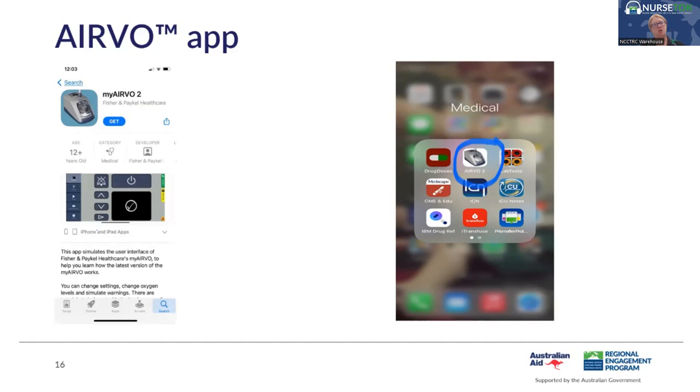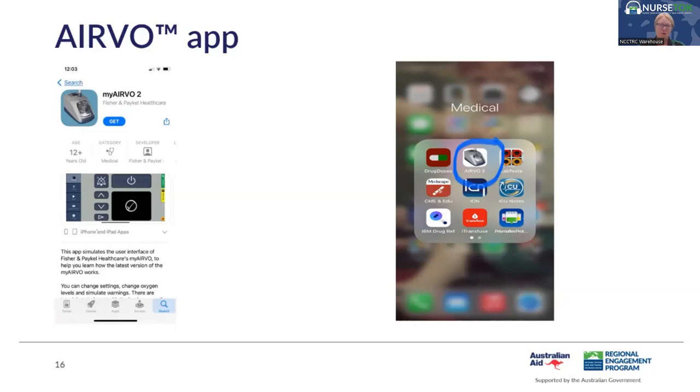But what it does do is that part of the program is you have a simulated AVO that you can practice pressing the buttons and adjusting the oxygen and adjusting the flow, so that if you maybe haven't used the AVO for a few months and you have forgotten how to use it, this app is really great at helping you remember.